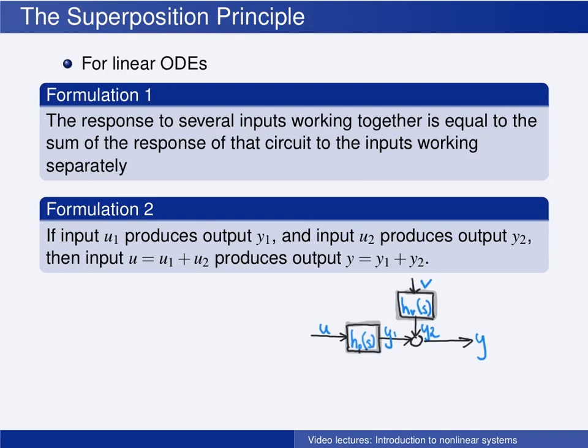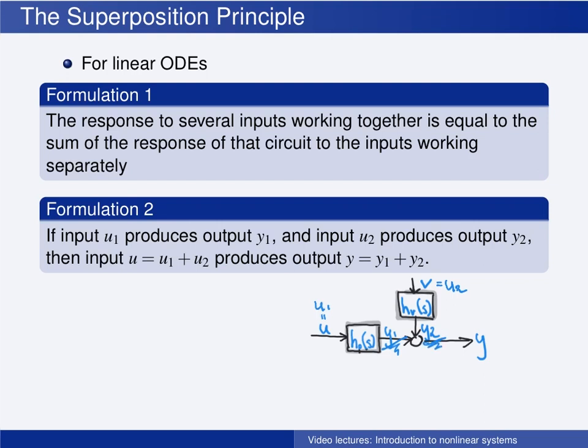The structure of this block diagram expresses the superposition principle. The control input, U, which we may call U1, produces an output Y1. And the disturbance input, V, which we may call U2, produces an output Y2.